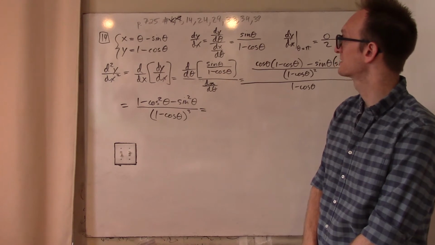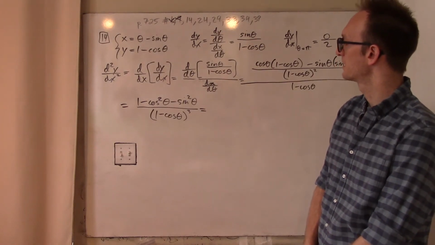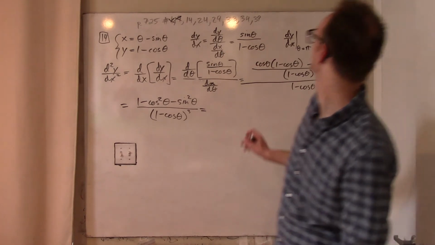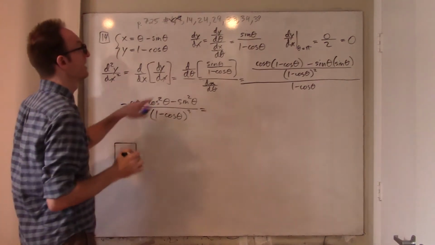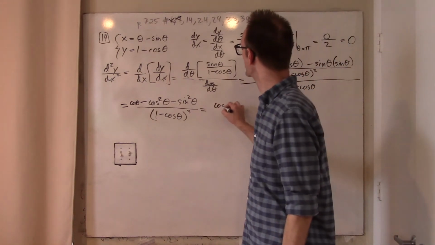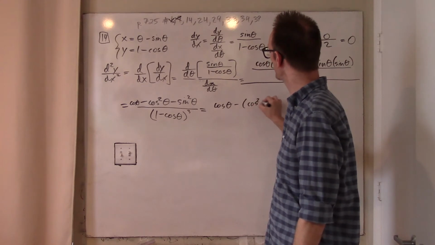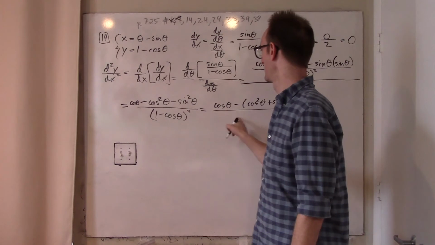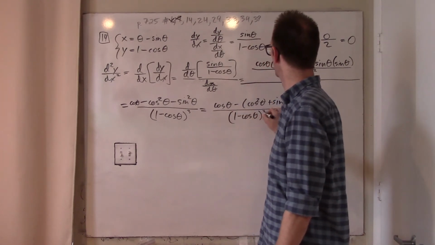How is this possible? Oh boy. No, man, another algebra mistake. Cosine theta minus cosine squared minus sine squared. Okay, so then this is cosine theta minus cosine squared theta plus sine squared theta, but of course that's just 1 over 1 minus cosine theta cubed.